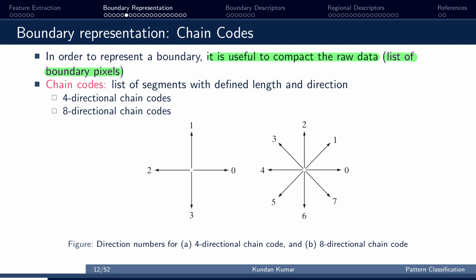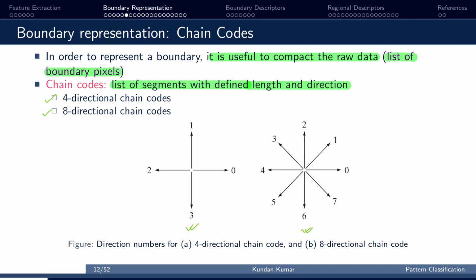So let us discuss the chain code. Chain codes are nothing but a list of segments with defined length and direction. Okay. So there are two types of chain codes: the 4-directional chain code and the 8-directional chain code. And these two are the encoders that we use in the 4-directional chain codes and 8-directional chain codes respectively. Okay.